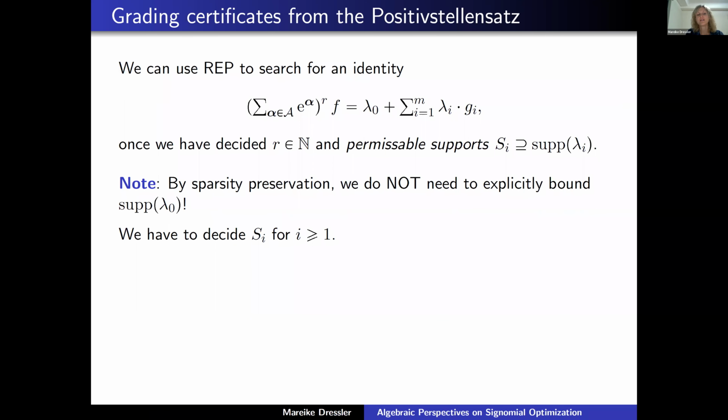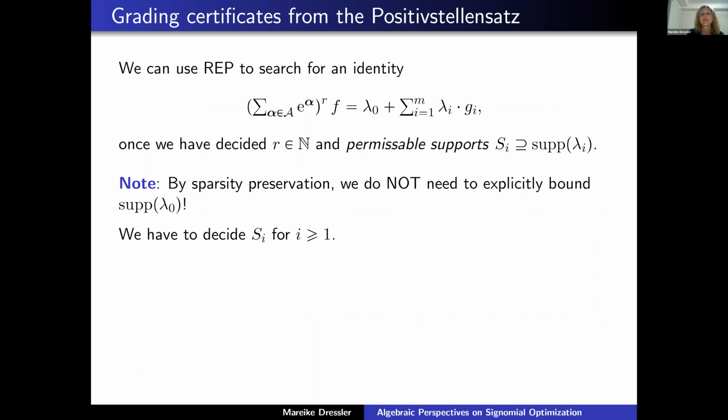Okay, now we have a Positivstellensatz. How can we use this identity given by the Positivstellensatz to get certificates for non-negativity, so that we can in the end use it to really do polynomial and Signomial optimization? For that, we need to decide the support sets of these polynomials.